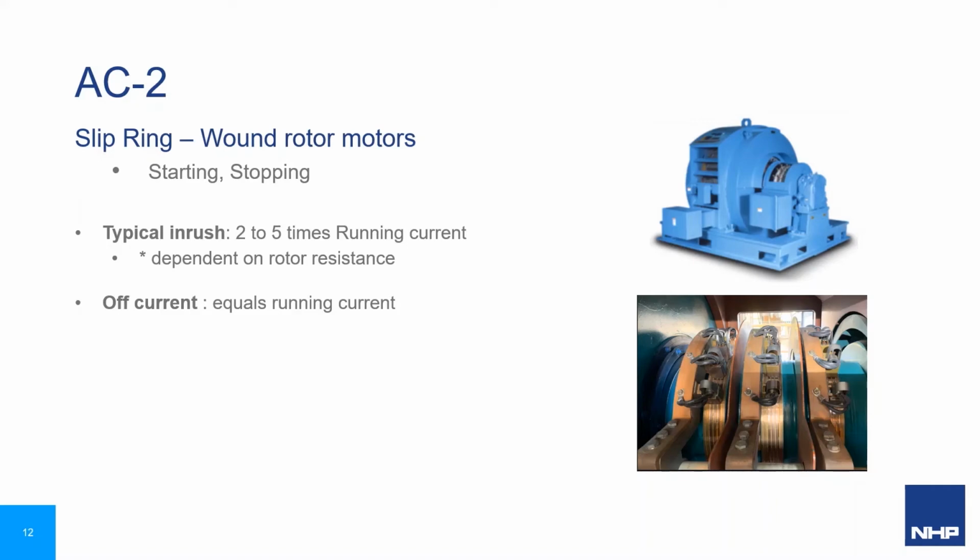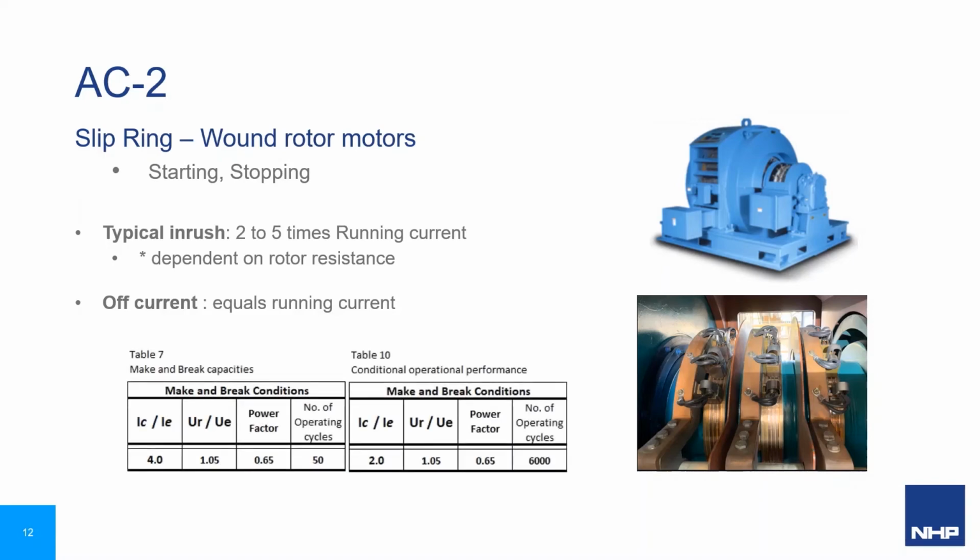However, with the advent of utilizing a variable speed drive to control a standard induction motor for these applications, there are now limited applications for this utilization category. The test conditions for AC2 duty, making and breaking capacity, is 4 times its rated current, with the conditional making and breaking at 2 times Ie.